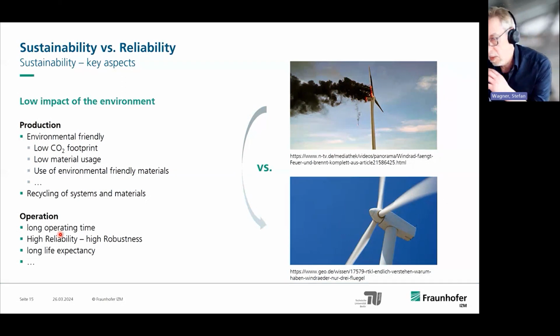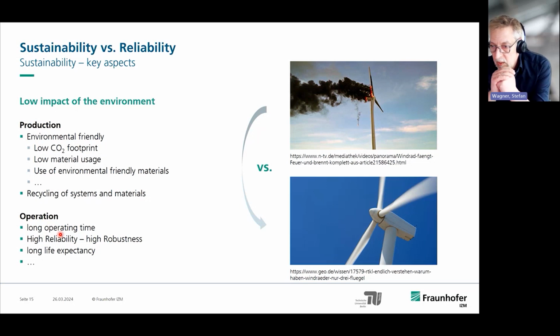But it's very important to keep in mind how much reliability is necessary for a sustainable system. The sustainable key aspects are: you want to have a low impact on the environment. This is one of the driving forces for the power electronic system.